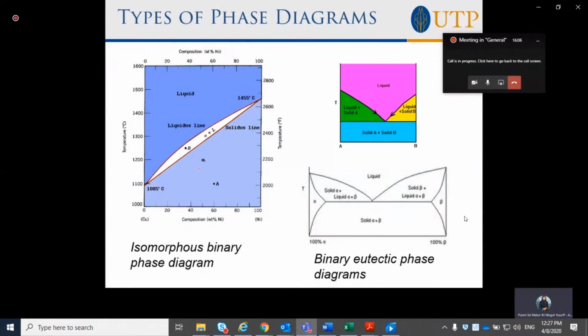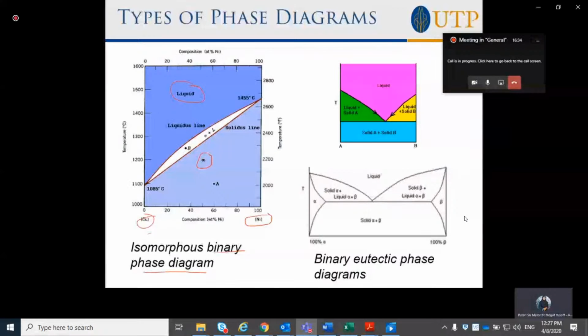Let me just tell you that this is a copper and nickel binary phase diagram. Two components. Now, what do you have here? You have a region with 100% solid alpha, and you have a 100% liquid region.